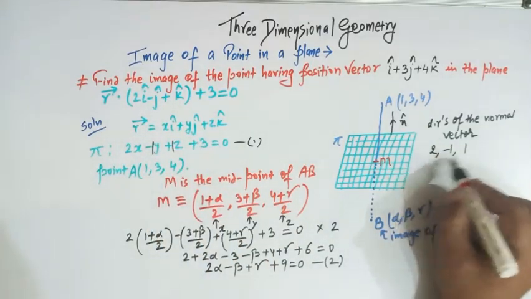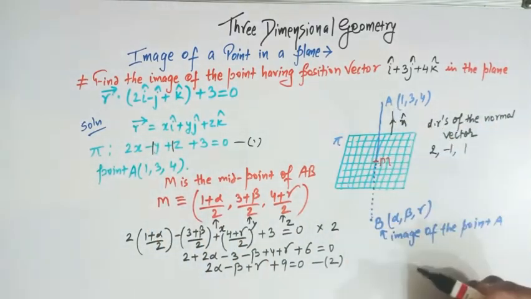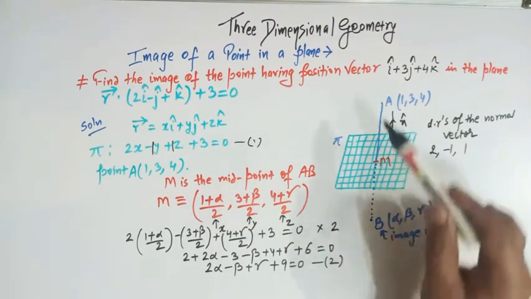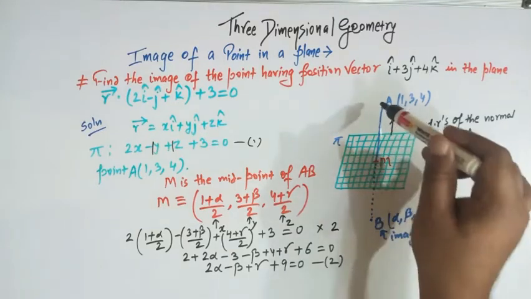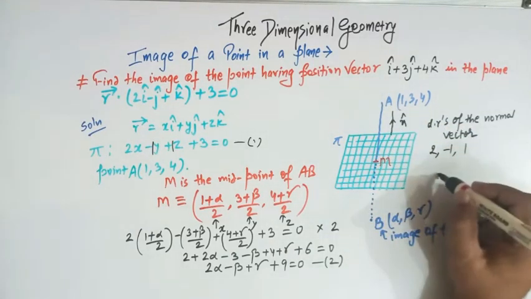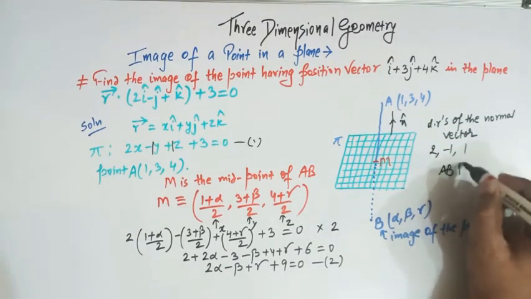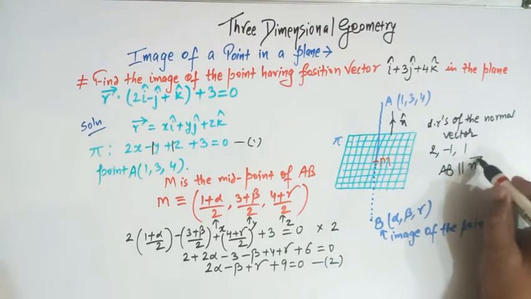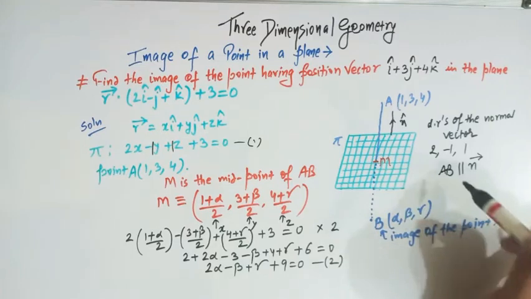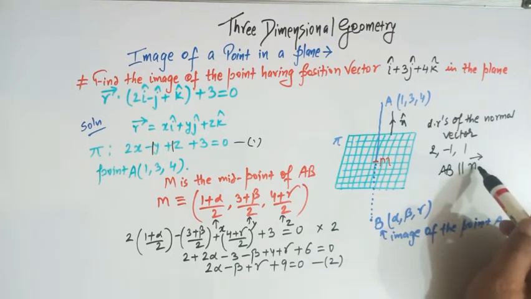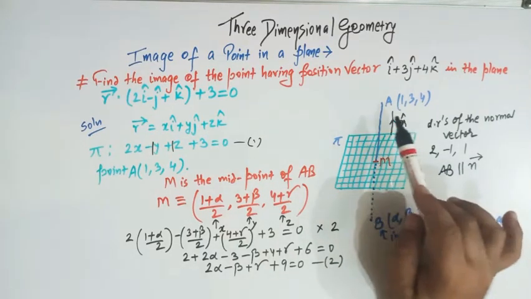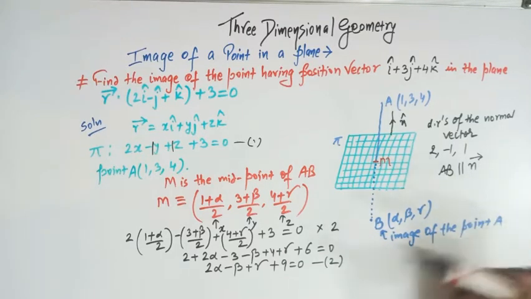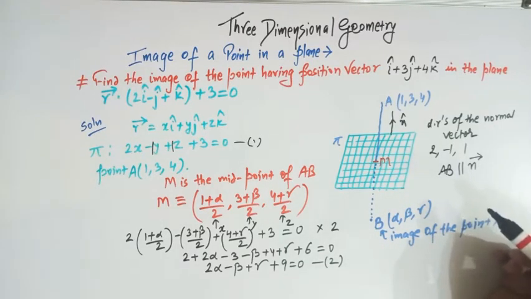So these are the DRs of the normal vector, right? And if we take this line AB, this line AB is parallel to the normal vector, and we know that if two vectors are parallel, then their direction ratios are proportional.